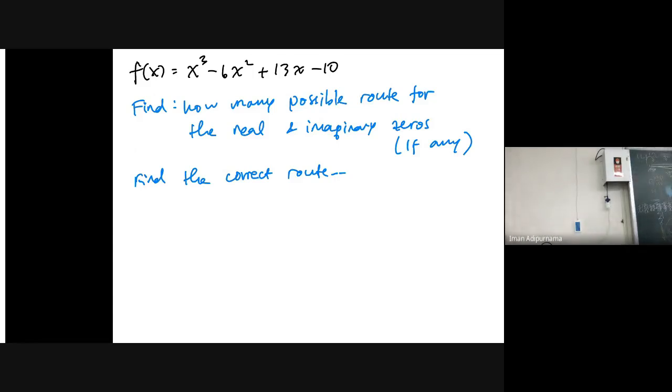To write the answer, you can start by using the Descartes rule, or you can start with the integer p and q, then Descartes rule, and then finding or confirming which zeros are correct. You can have many ways.